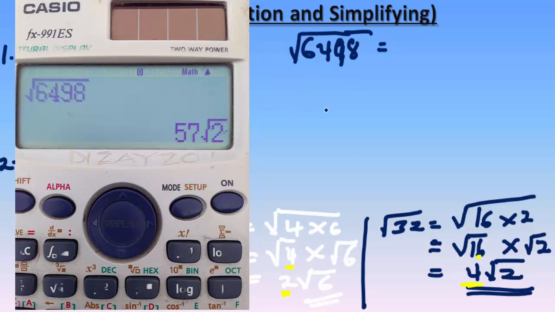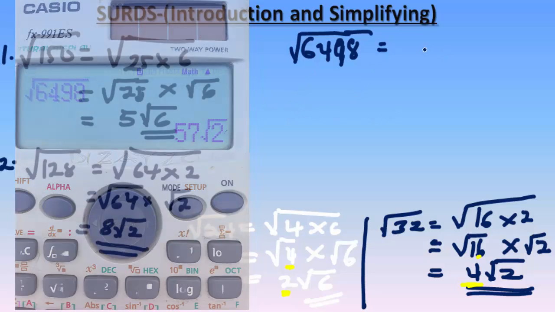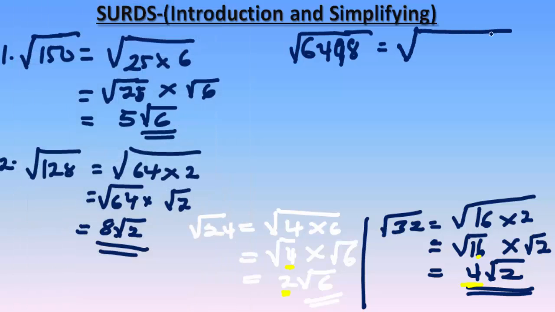So 57 root 2, 57 squared will give us 3249 multiplied by 2. If you have difficulties in finding square numbers, you can check out my videos. I've made a video tutorial on that.